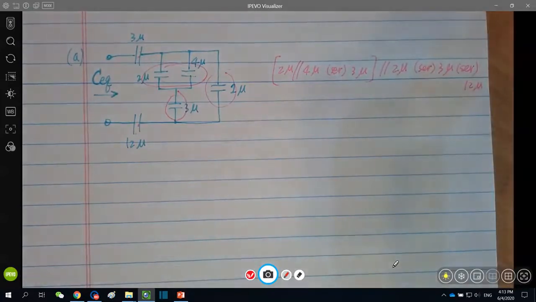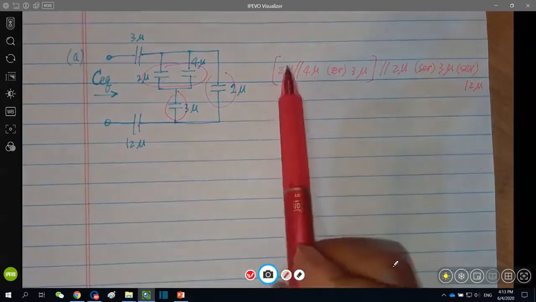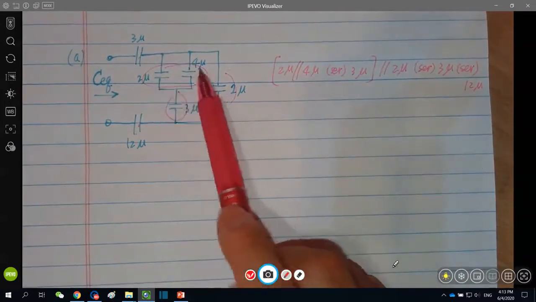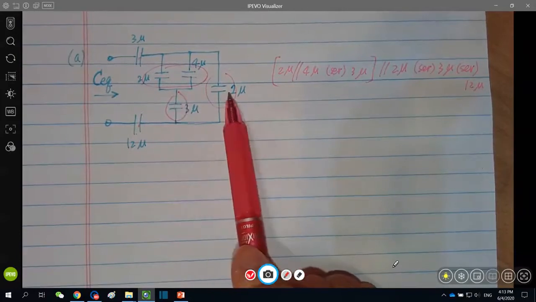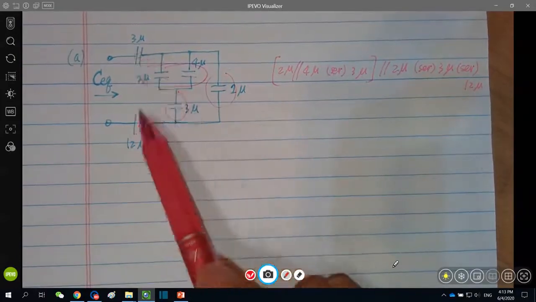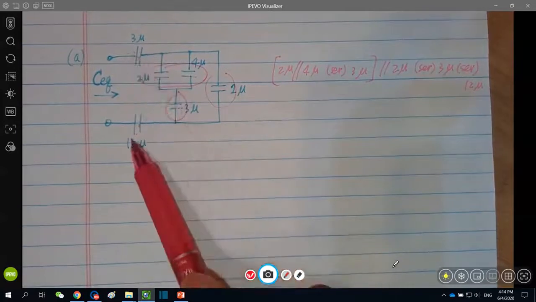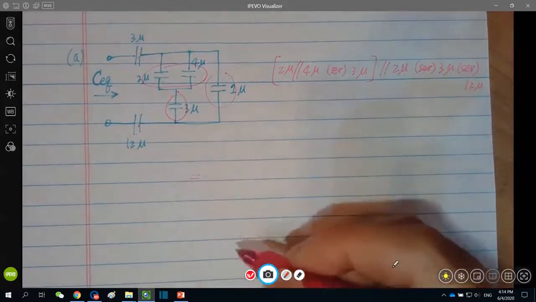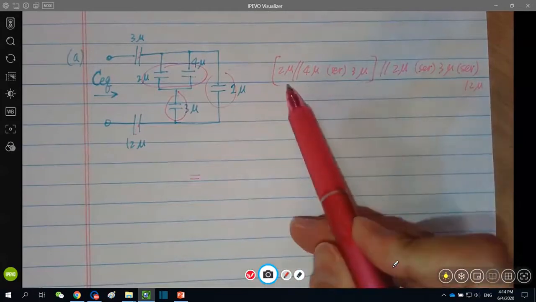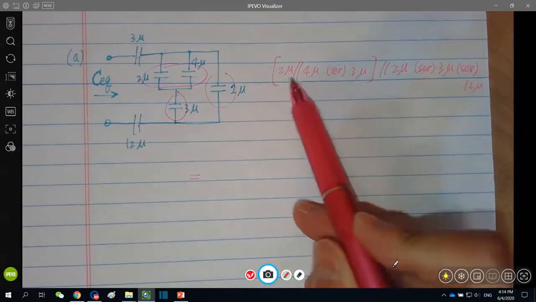Does this make sense? Again, 2 and 4 parallel, series with 3, further parallel with 2, and then at last series with these two. If this is clear, then start to apply the combination rule. In the brackets, we have these two parallel.